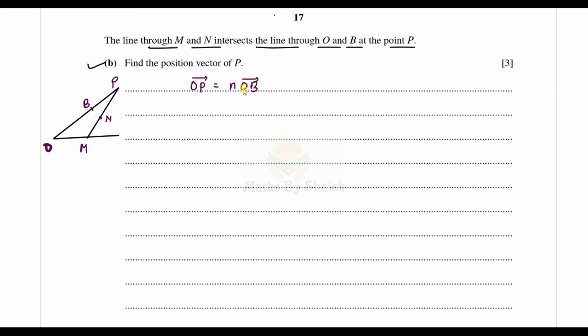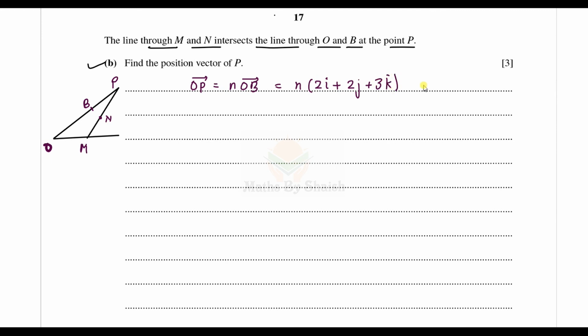So it is n times OB vector, and we know what OB vector is. So it is n times 2i cap plus 2j cap plus 3k cap.